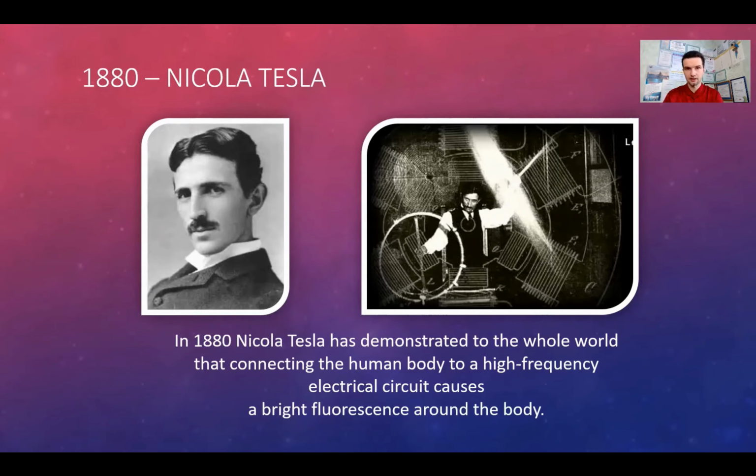This alternating current made it possible to make not only high intensity electromagnetic fields, but also high frequency electromagnetic fields. While experimenting with these high intensity and high frequency fields, Nikola Tesla showed that if a person stands in such environmental conditions with such a high electromagnetic field, the glow surrounds the whole body.